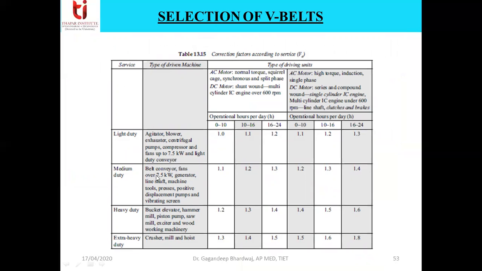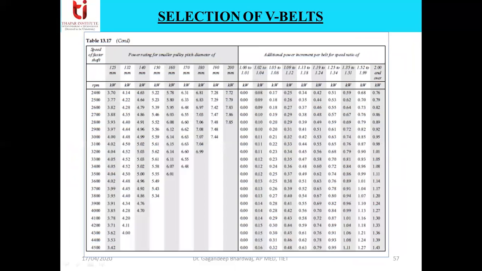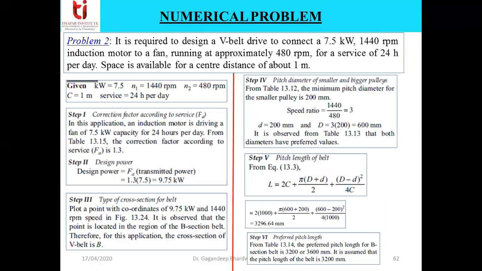Fan over 7.5 is there and fan up to 7.5. So the factor is 1.3. So we have calculated the factor depending on the service life, that is FA. I think it is clear. So we have selected this parameter as 1.3.